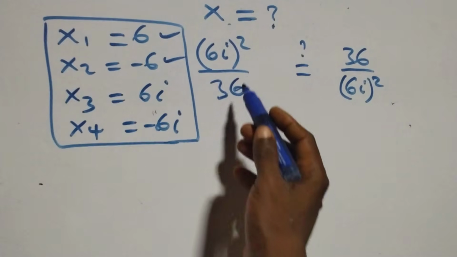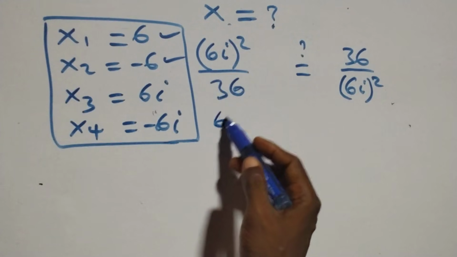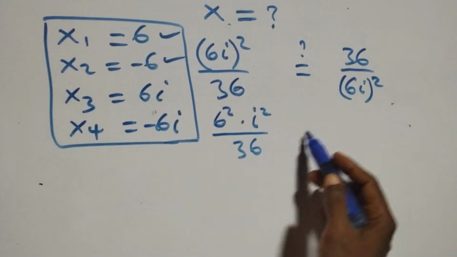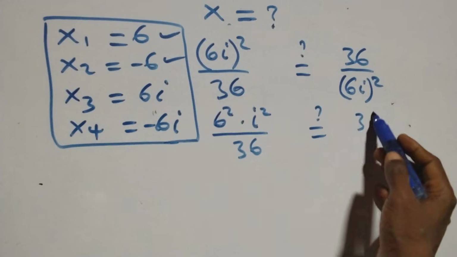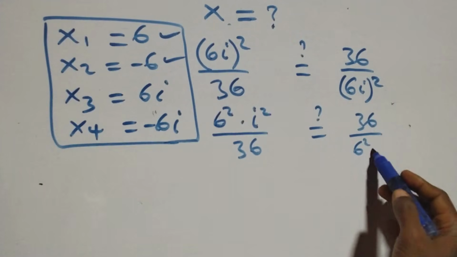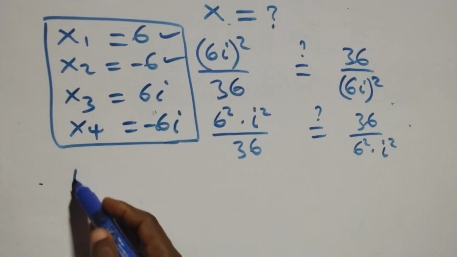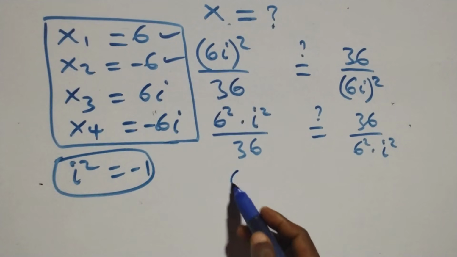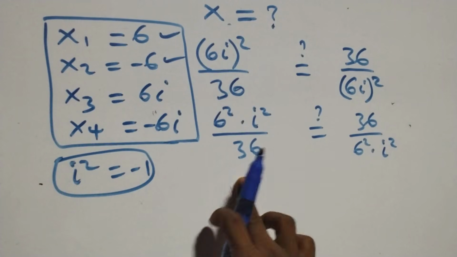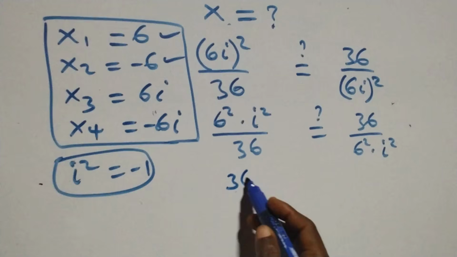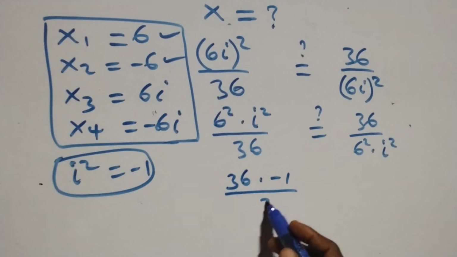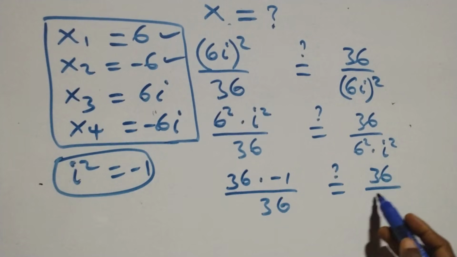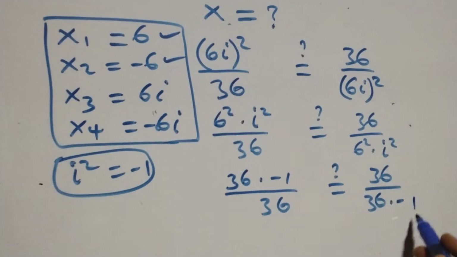Here the square affects 6, we have 6 squared times i squared over 36, is it equal to 36 over 6 squared times i squared? We should know that i squared equals minus 1. That is, we have 6 squared, which is 36, times minus 1, over 36, is it equal to 36 over 36 times minus 1?